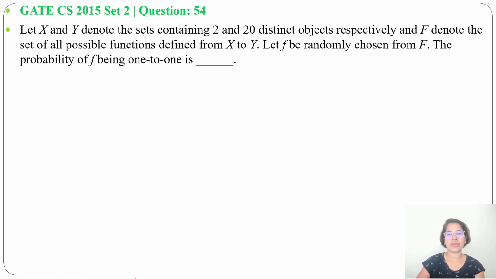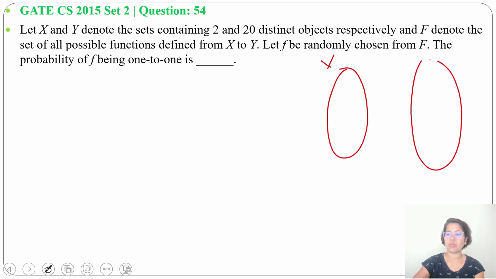So it is saying we have two sets, one is X, another is Y, and X contains 2 elements and Y contains 20 distinct elements. So let X contain a, b, and Y contain 1, 2, 3 till 20.